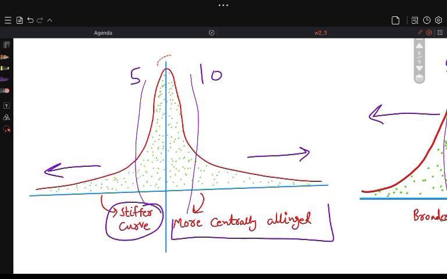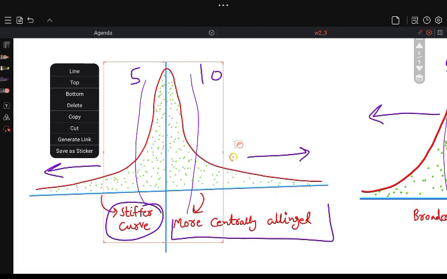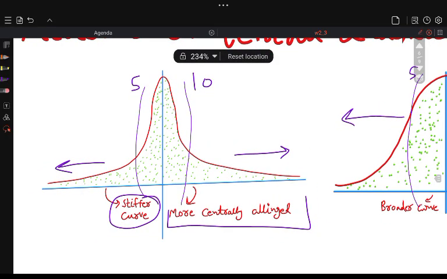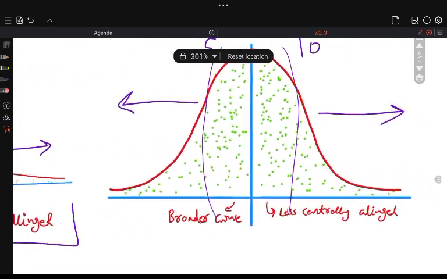And this point can be anything, it can be 0 or less than 0 or more than 0, it doesn't matter actually. What matters more is that it should be centrally aligned or clustered at some point. The more it is clustered or aligned, the more centrally aligned it is, or the stiffer the curve will be. For example, in the second curve, the data is spread.